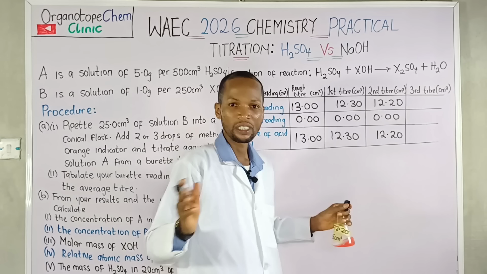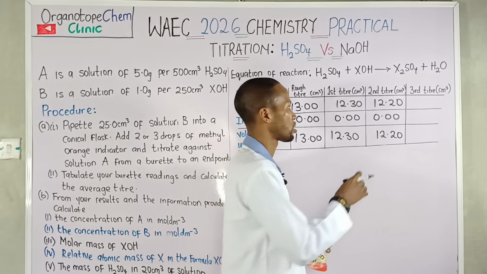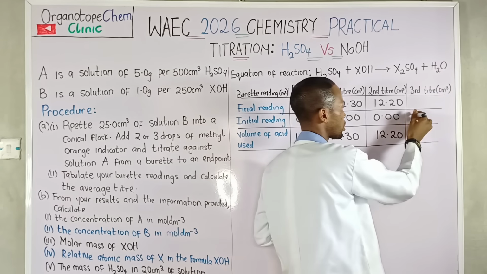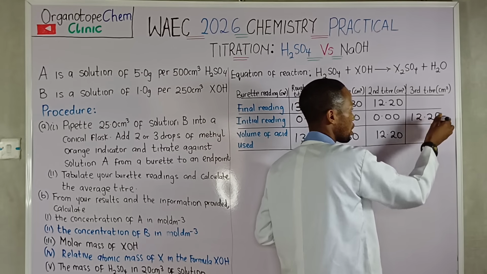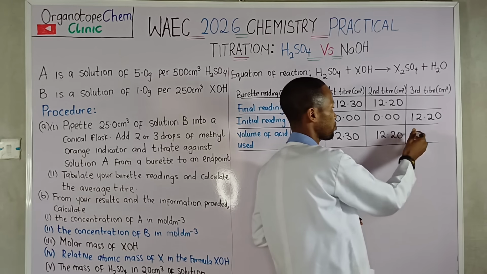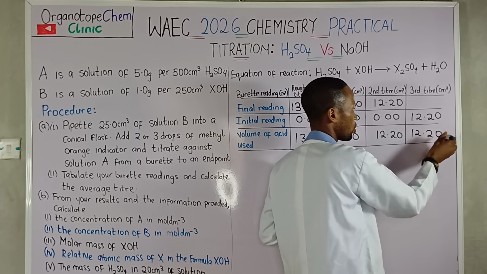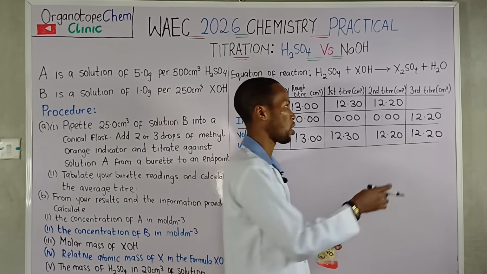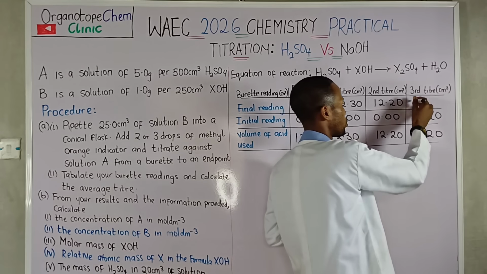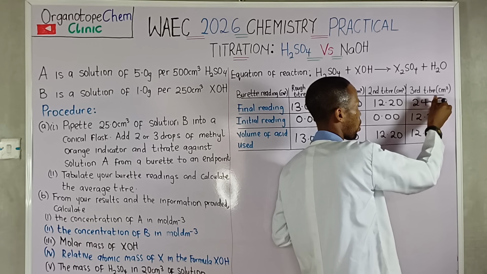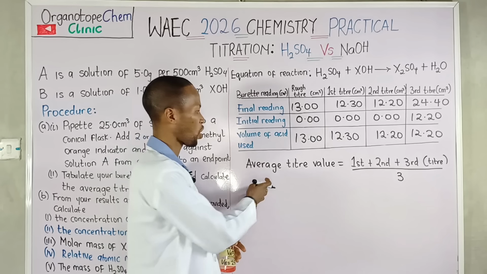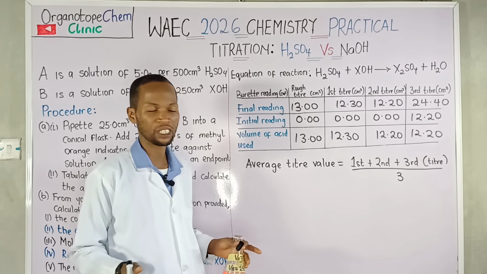Then for the last titration, we continued from the 12.20 meniscus, so the initial is 12.20, and the volume of acid used in this third titration is 12.20. So 12.20 plus the initial 12.20 gives 24.40. Make sense?